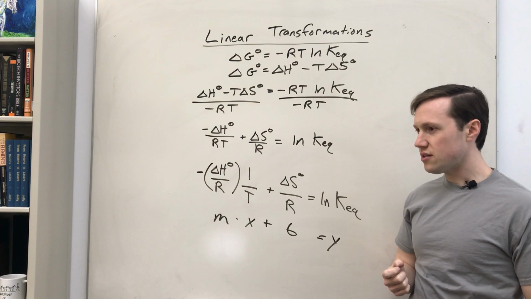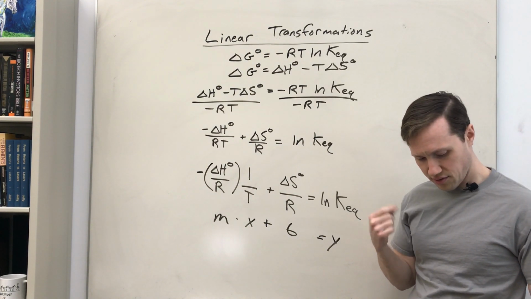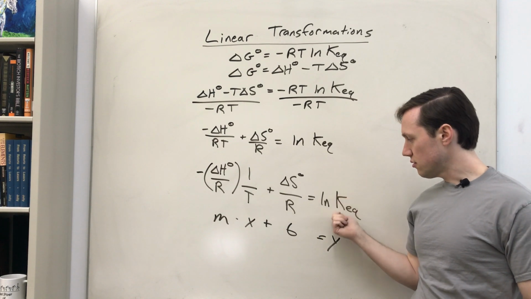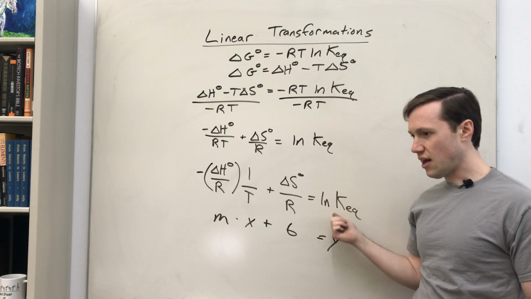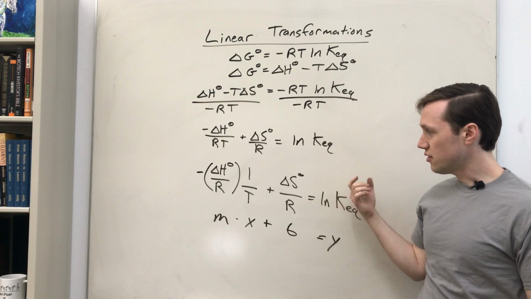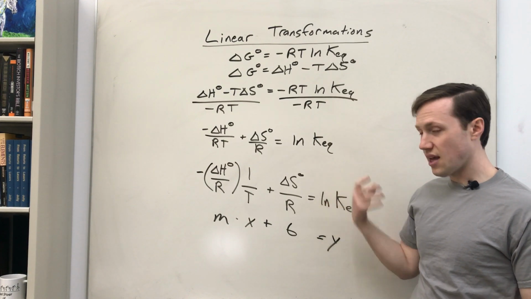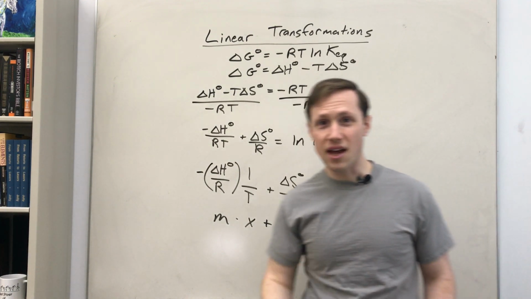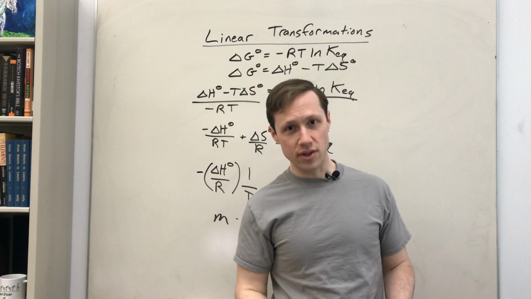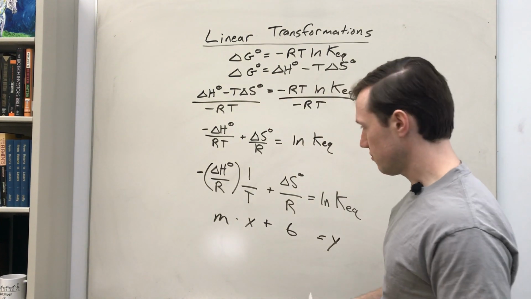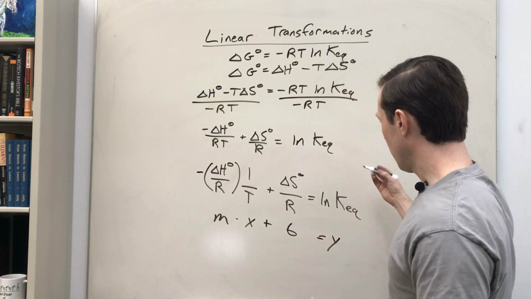That's because we could take a particular set of KEQ values, that is a particular set of temperatures and KEQs, and combine them together to get another quite useful equation. And that equation looks like this.